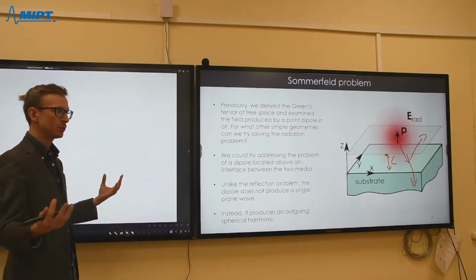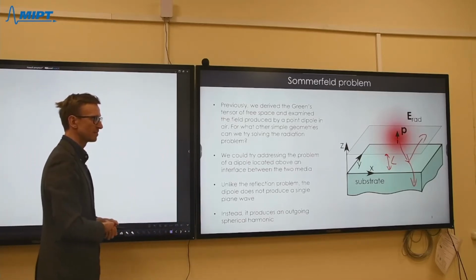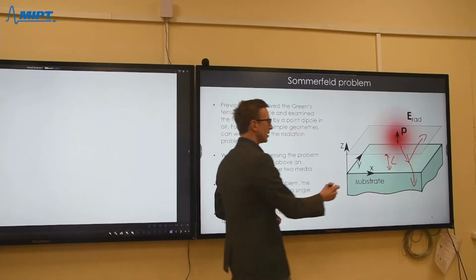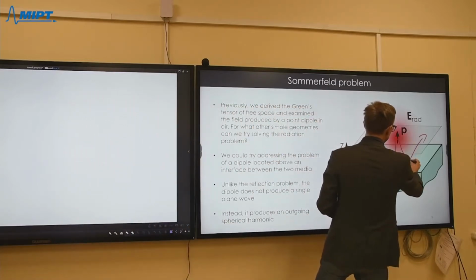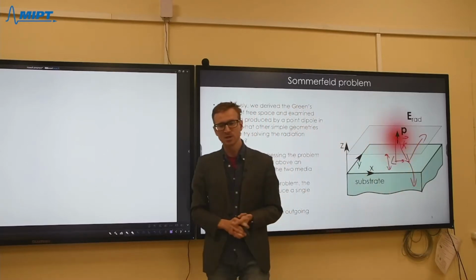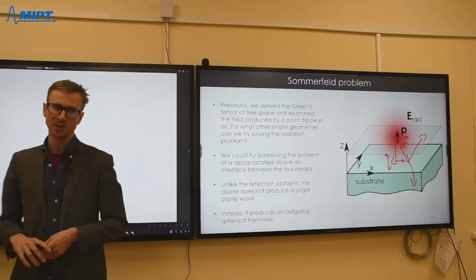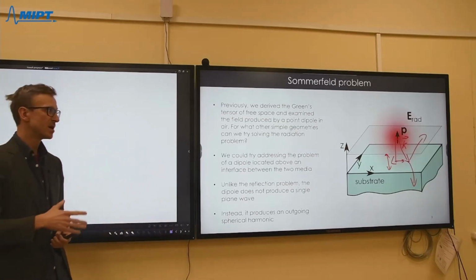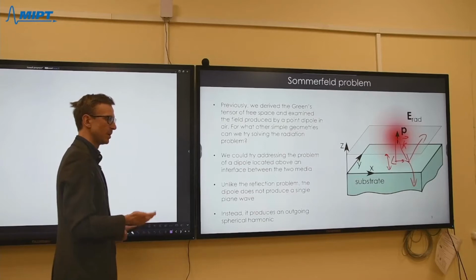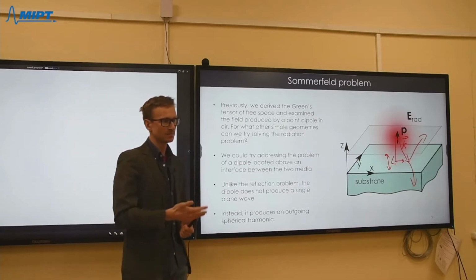An outgoing spherical wave does not have a certain wave number k. And what allowed us to solve the reflection and refraction problem with the plane wave in such an easy way is that a plane wave is characterized by a single wave vector.